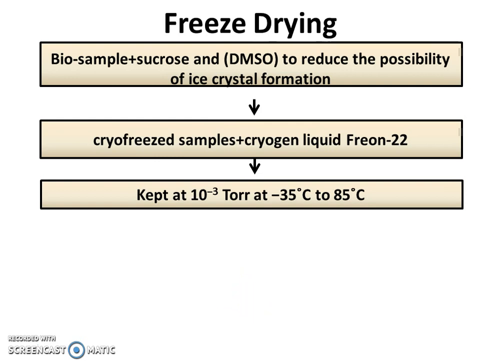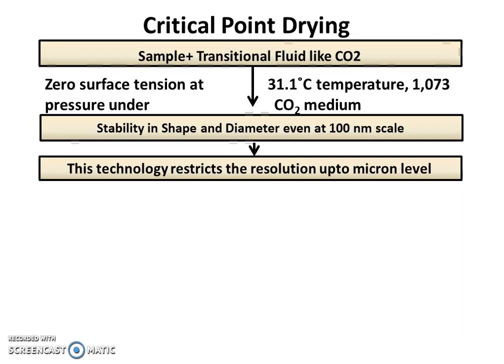Other than Freon 22, there are some other cryogen liquids also available; there is a huge list of those liquids. These cryogen-liquid-treated samples are kept under a vacuum equivalent to 10 to the power minus 3 torr, and the temperature is kept at 35 to 85 degrees centigrade.